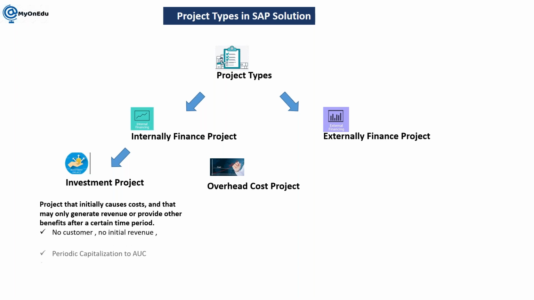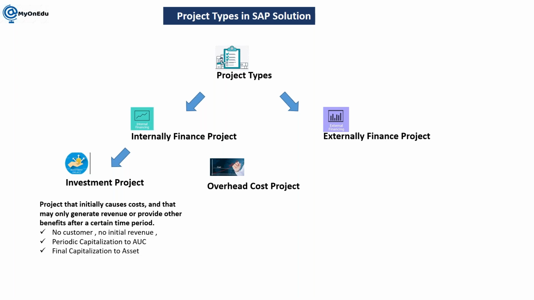So here: no customer, no initial revenue, periodic capitalization to AUC, that is asset under construction, and then final capitalization to asset. When you are constructing any project, whatever cost you incur periodically, monthly, is settled to AUC, asset under construction. And once your asset is ready, this cost from AUC is transferred to your asset.